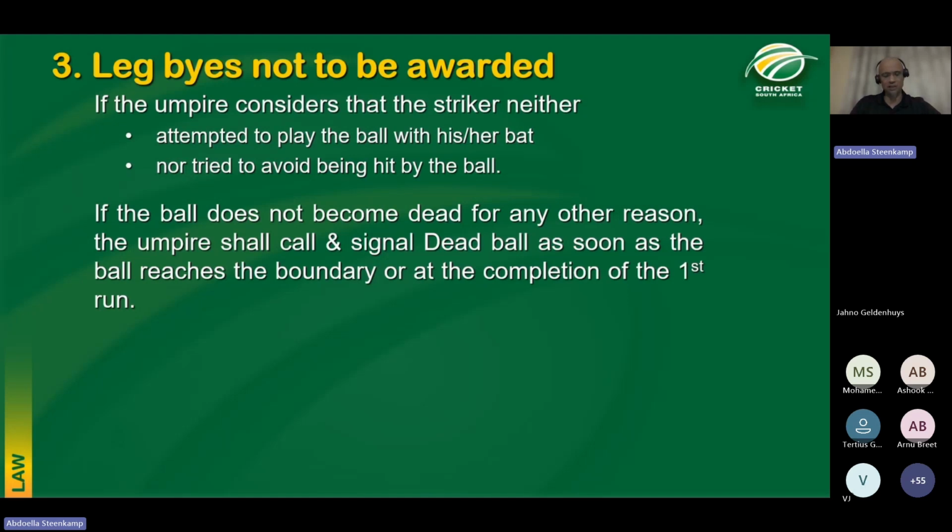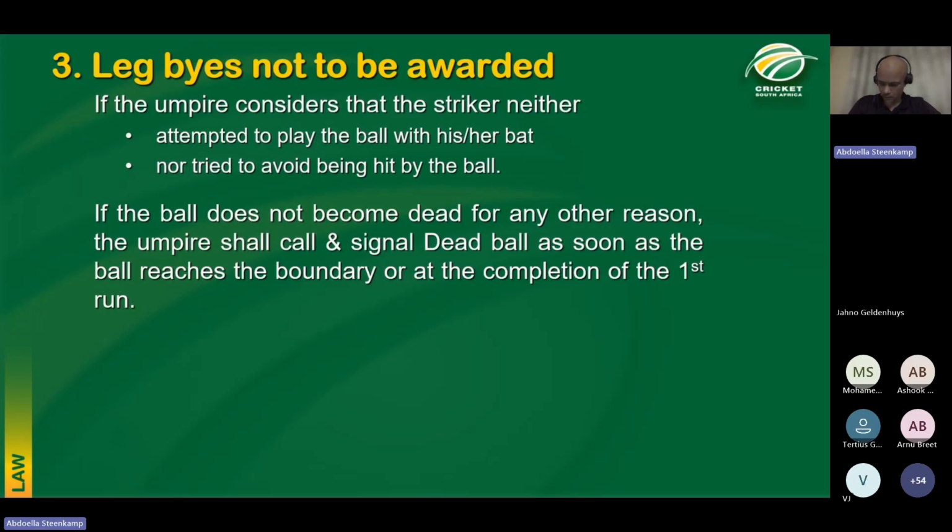It's not the fielding side's fault that the batters don't know the law and that you're not allowed to run if the striker didn't attempt to play at the ball, if there was no shot. So it's not the fielding side's fault if the two batters don't know the law and do decide to run. So if either of those batters in that first run is run out, that run out is to count. The ball only becomes dead when that first run is completed.